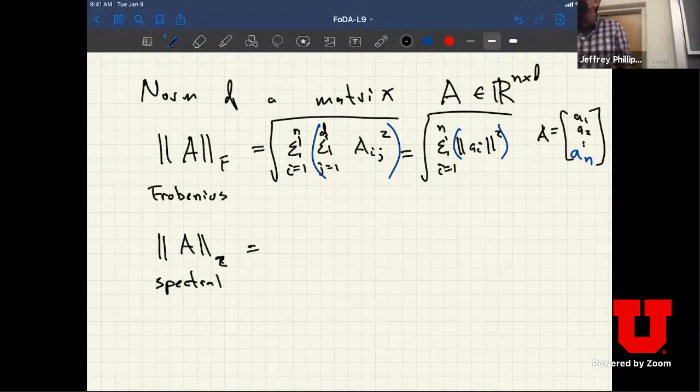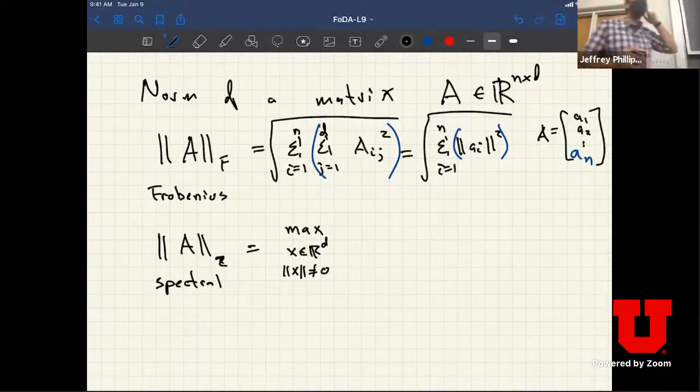Okay. So this one is a little bit trickier to understand. This involves a max. There are other ways to define this, but this is, I think, the most intuitive way with the machinery we have now. I'm going to take any vector x in R^d that's not the zero vector, with norm not equal to 0, and I'm going to do Ax.